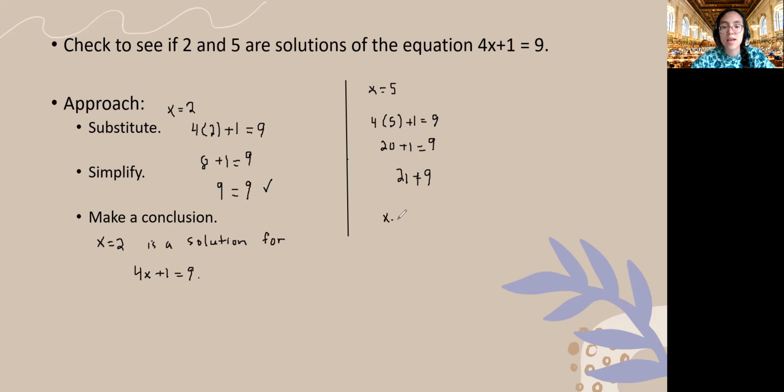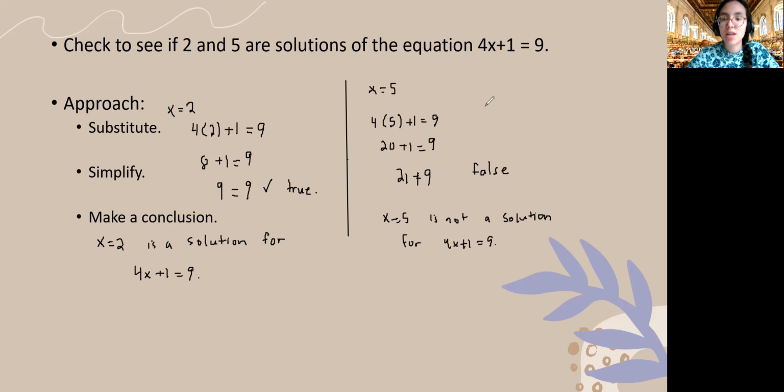So we can say x is equal to 5 is not a solution for 4x plus 1 is equal to 9. This would be false, whereas over here, this would be a true statement.